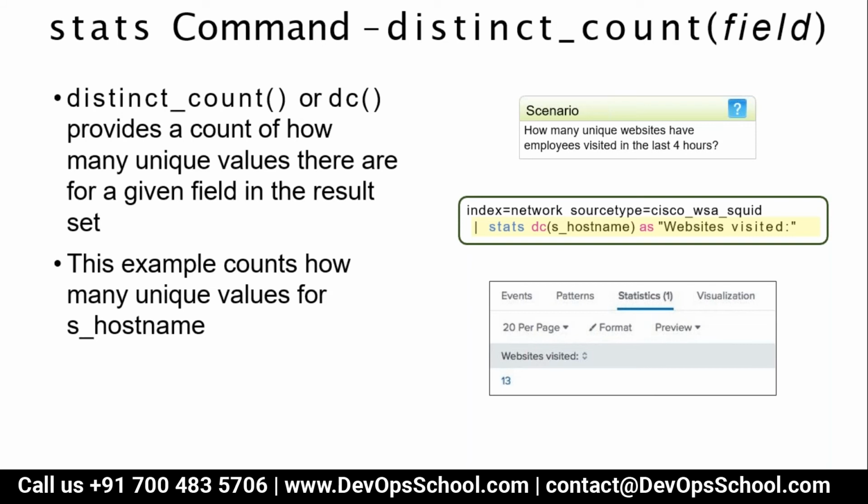That way the total websites visited by the host name is 13. So that way you can find out the unique values of the given field.